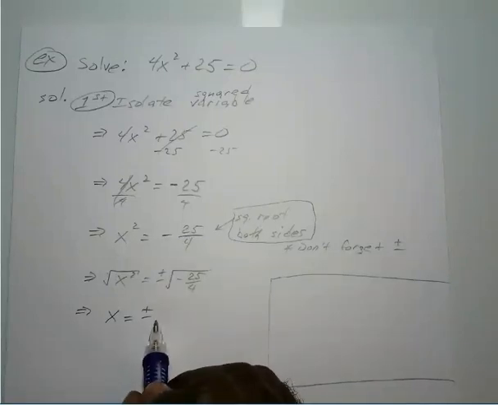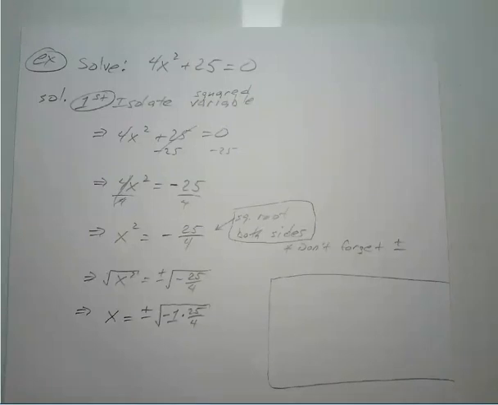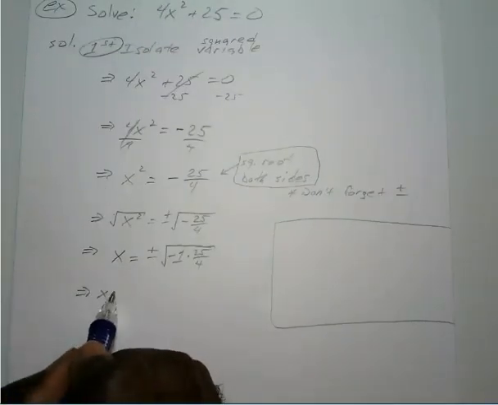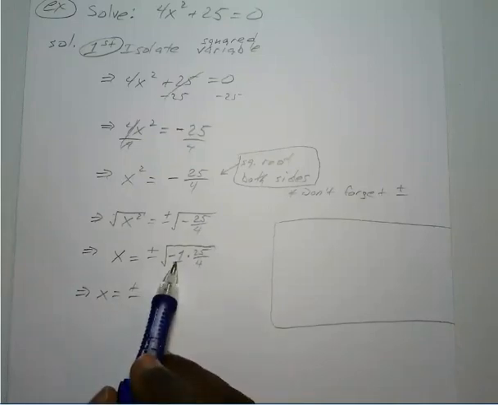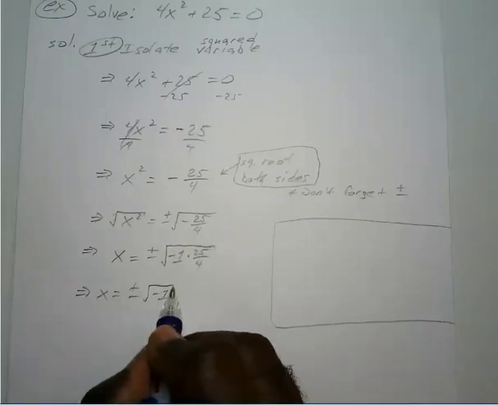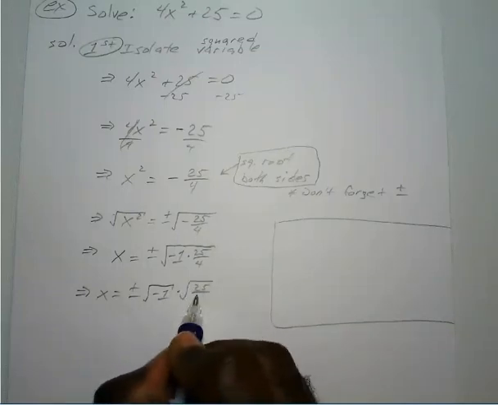Okay, so that's just like saying the square root of negative 1 times 25 over 4. So x equals plus or minus, you can separate those two. So you have the square root of negative 1 times the square root of 25 over 4.